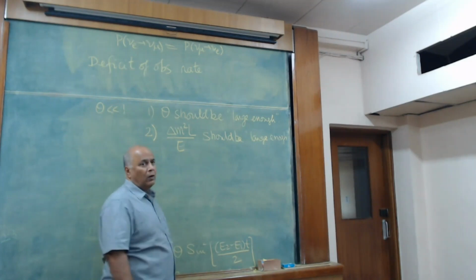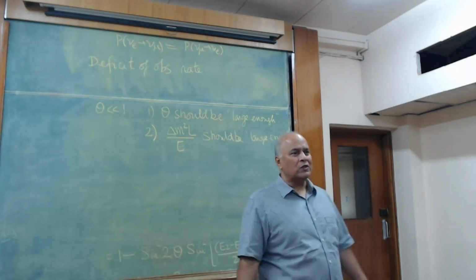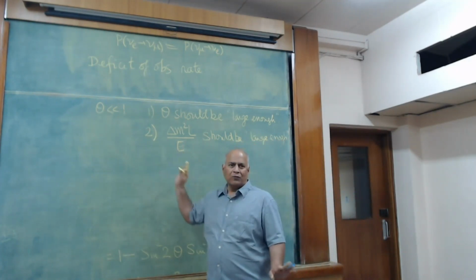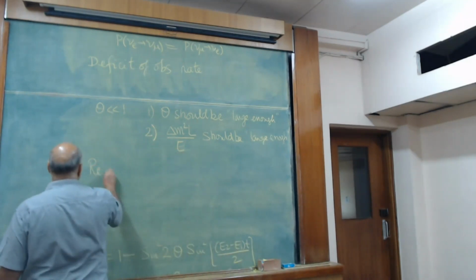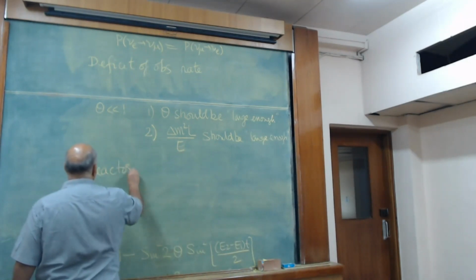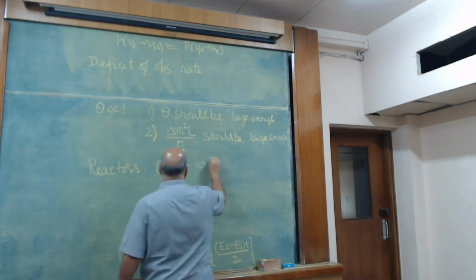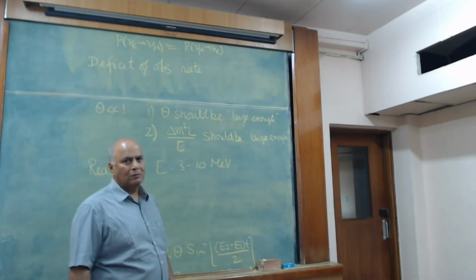And I mentioned that as far as the man-made sources are concerned, E is sort of fixed. In the case of reactors, E is like 3 to 10 MeV.